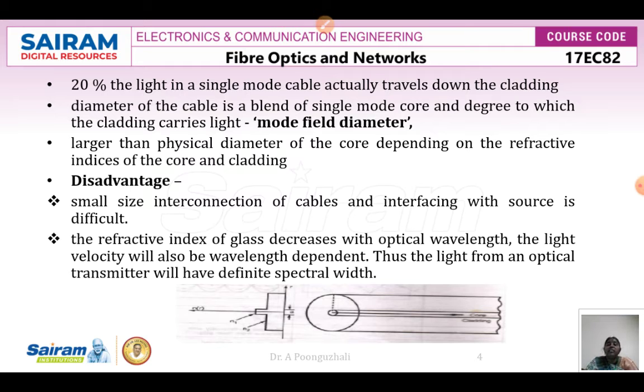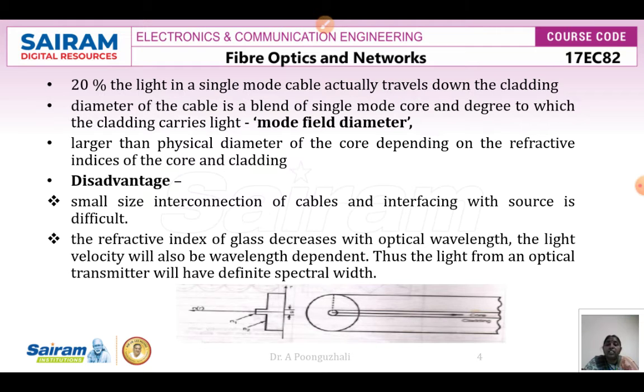For the refractive index, we use the refractive index of the glass. The refractive index of the glass decreases with the optical wavelength, so the light velocity is wavelength dependent. The light from the optical transmitter should therefore have a definite spectral bandwidth.